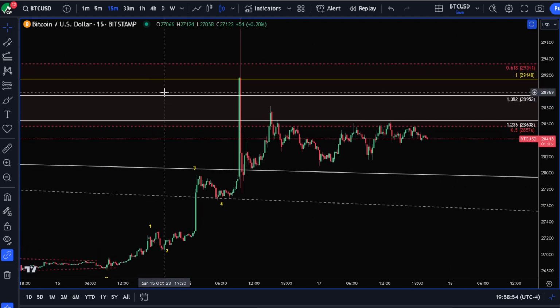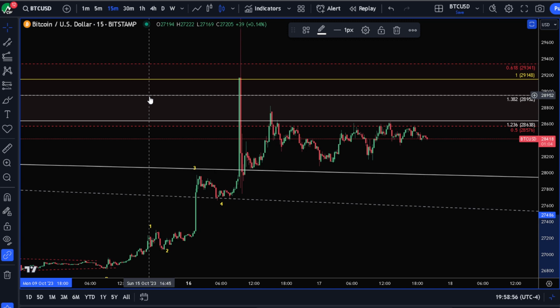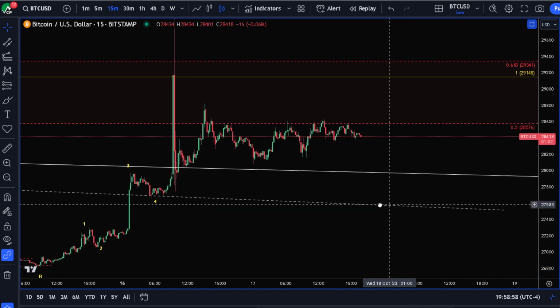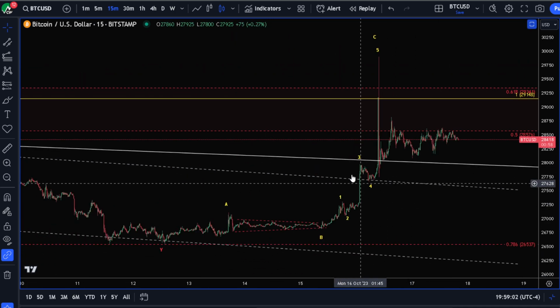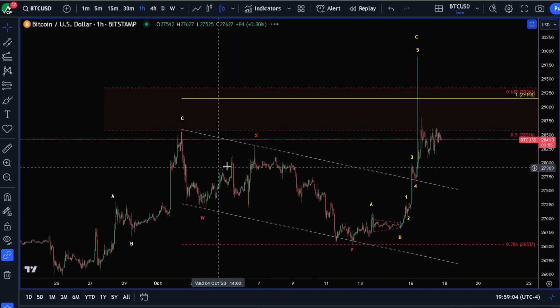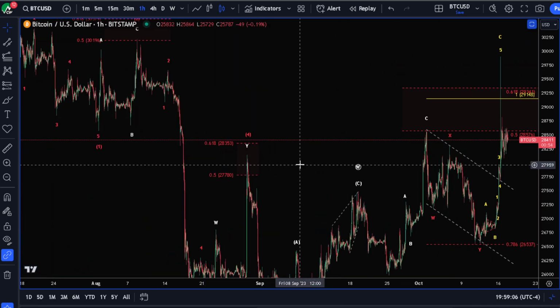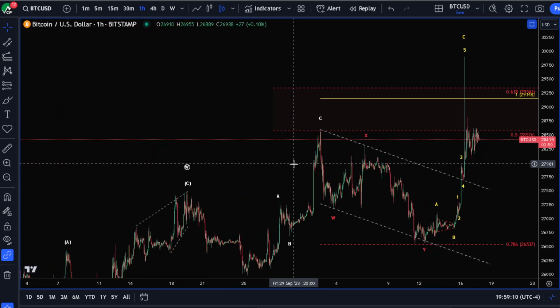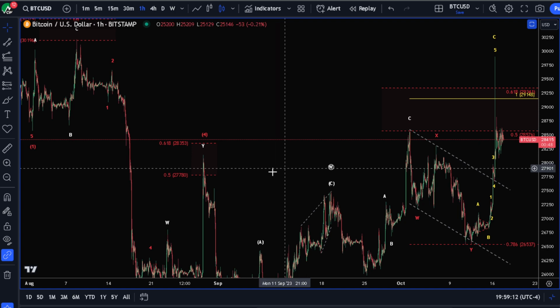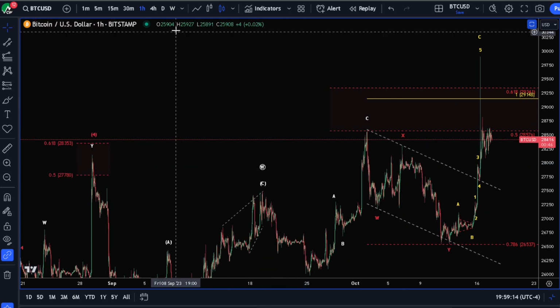Here, let me clean up some of this, get it out of the way for you. So we're just drifting sideways here, so I start to wonder, okay, if we are going to the upside, where do we want to make sure we kind of hold above, because we want to use these resistance levels as support now.